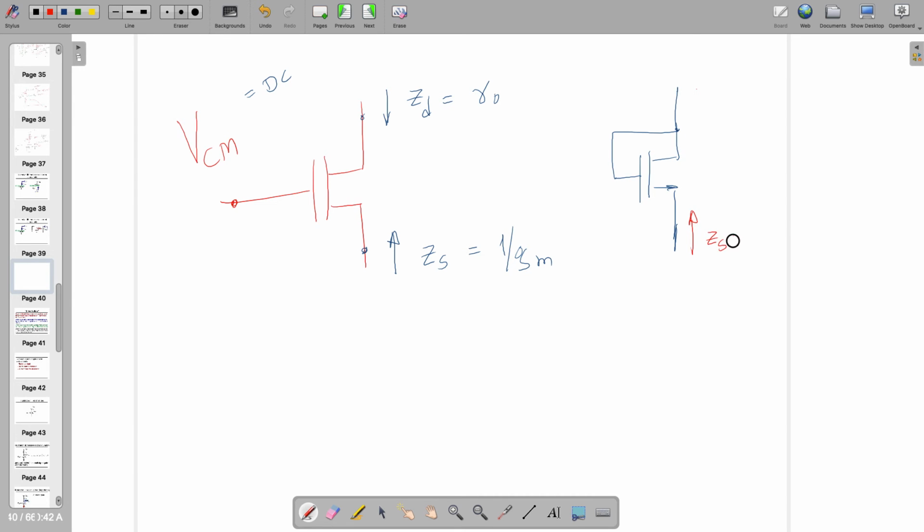If I'm looking from the drain, okay, let's start from the source, might be easy. Looking from the source, what is going to happen? 1 by GM. What about this one? 1 by GM. And what about this one? 1 by GM. This configuration is known as the diode connected configuration.